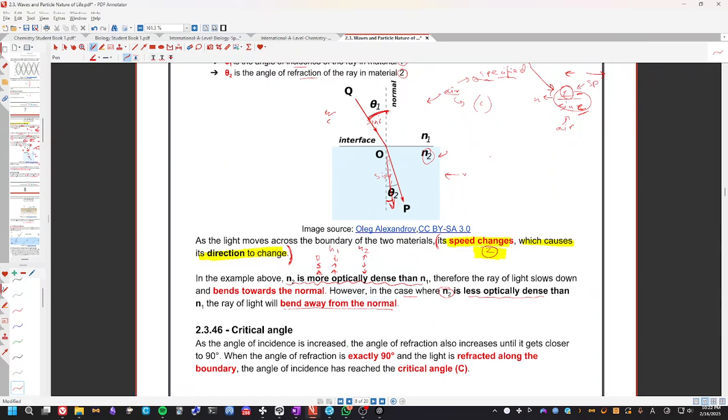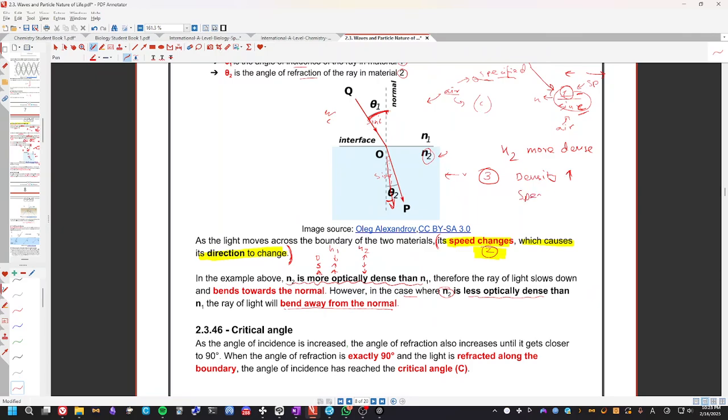So we'll write it again here. If your n2 is more dense, then three things will happen. First of all, your density will obviously increase.